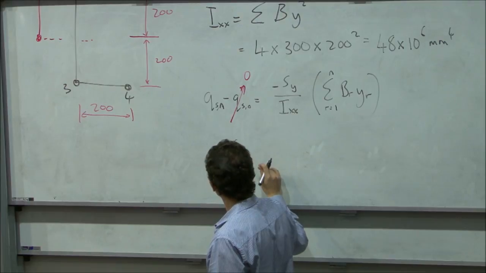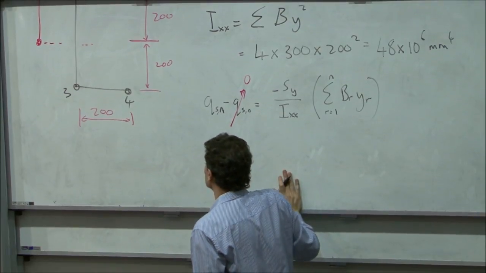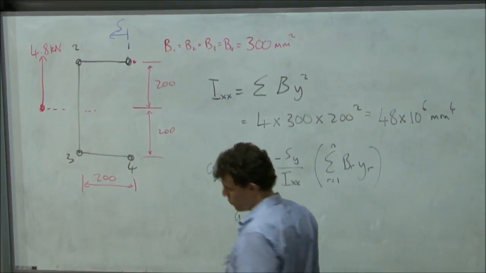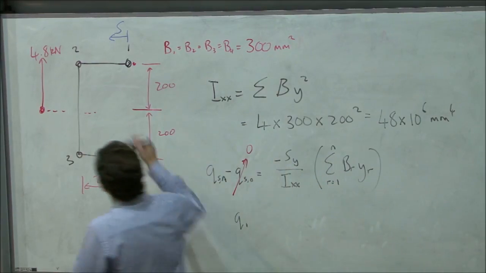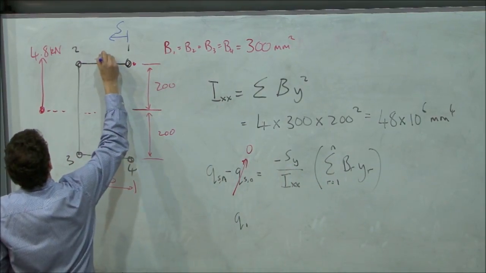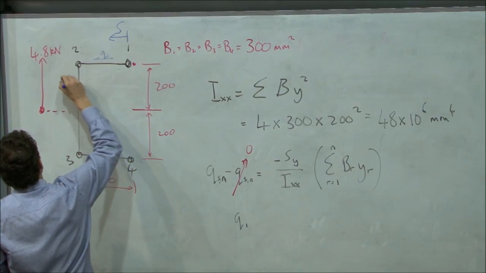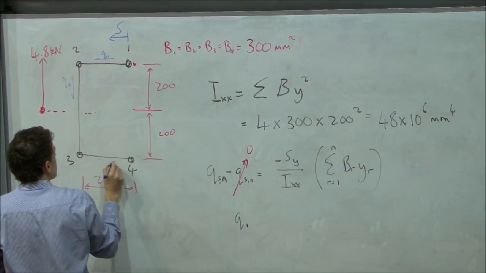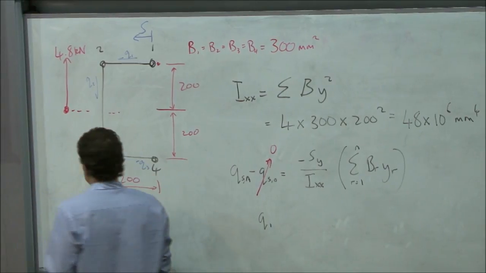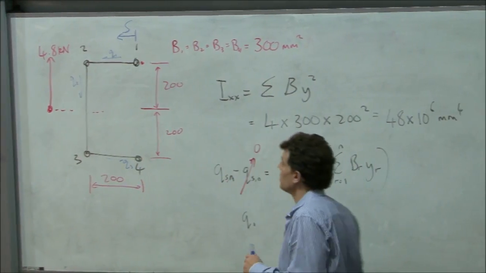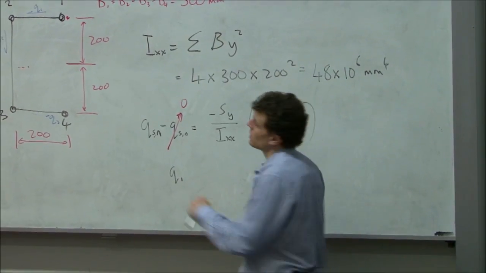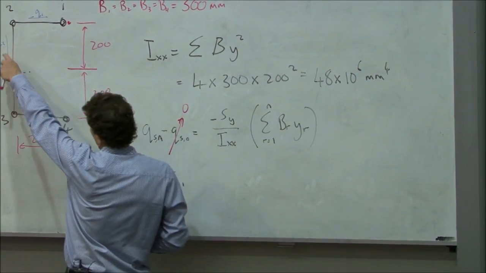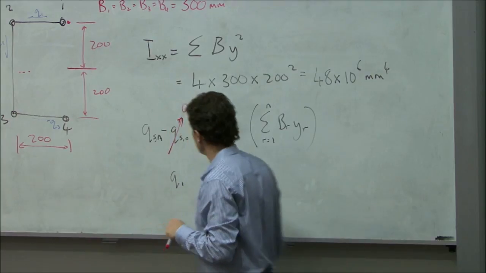So Q1, and what will make our life easier is if we label these, just so we can more easily refer to our diagram rather than relying on subscripts. It's always a good idea to draw all your labels on.